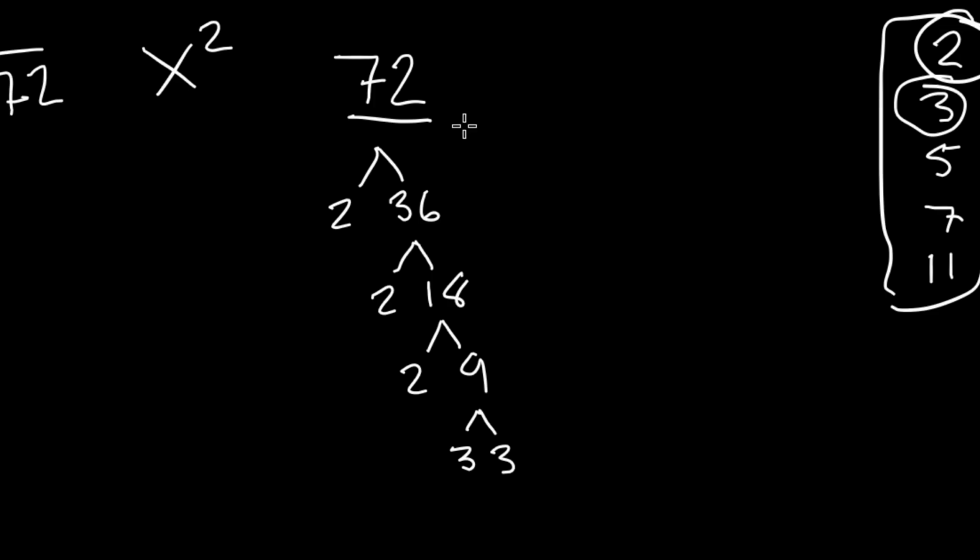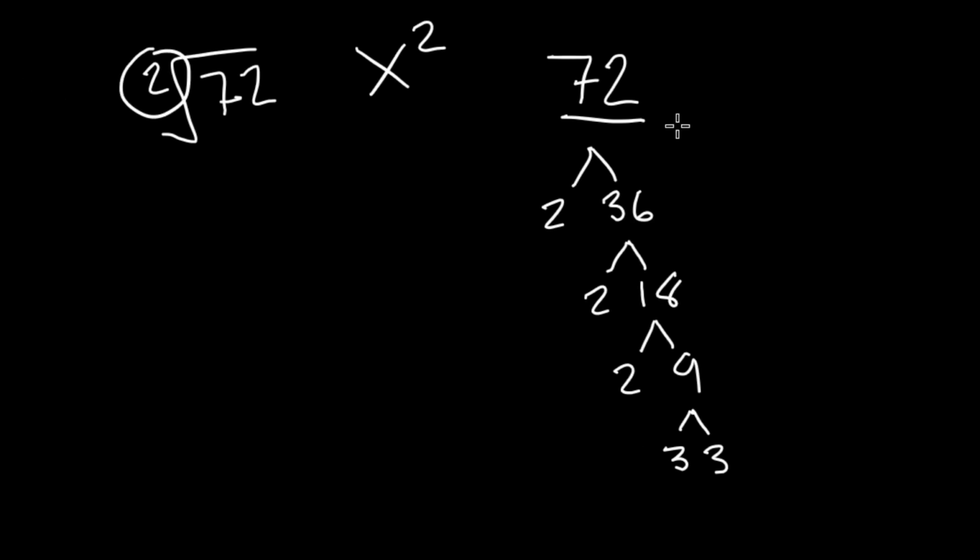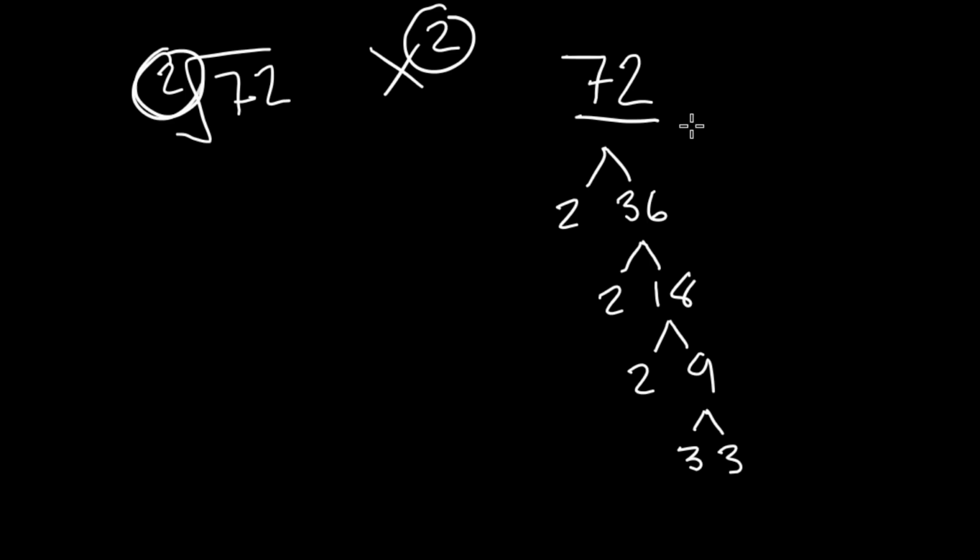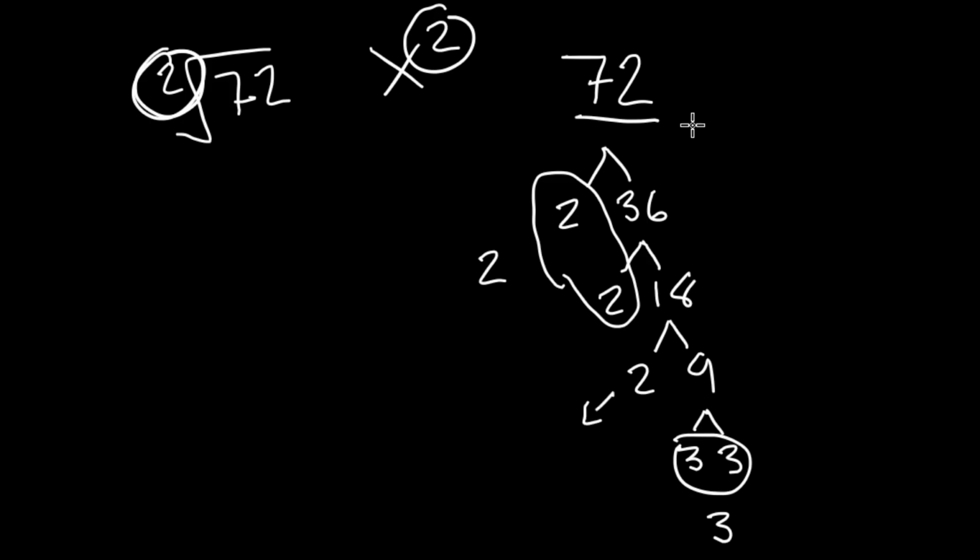Okay, so now that we've written out our factor tree, we're going to look at our index of 2 right here. And this basically means that we're looking for groups of 2. So we're just looking for pairs. And I see a pair right here, groups of 2 right here, and a group of 3 right here. And I'm just going to write out 2, and then 3. And then we have this lone 2 right here. So now I'm going to write out our square root.